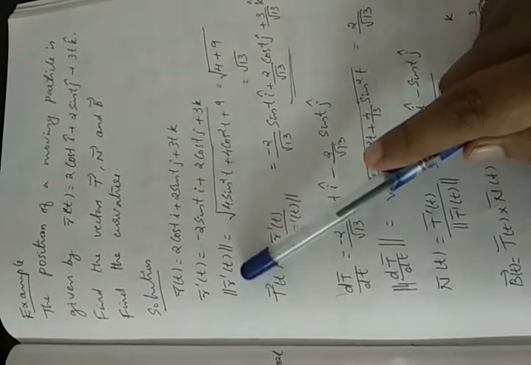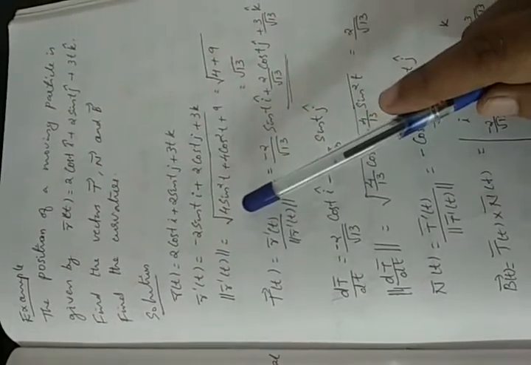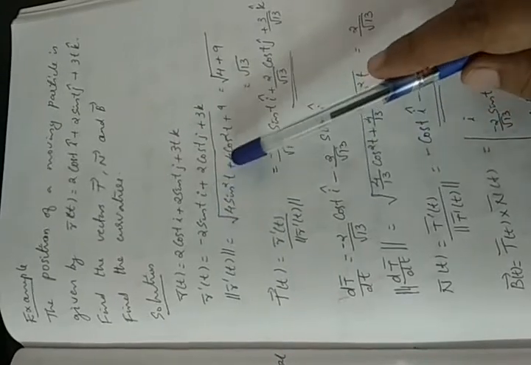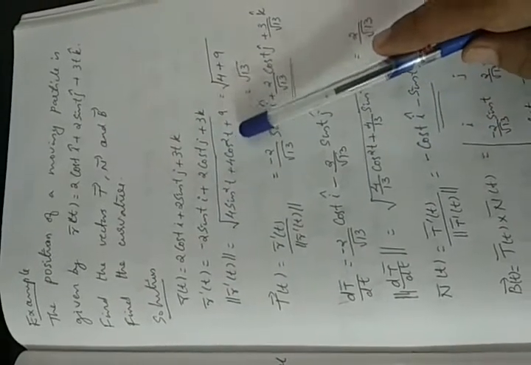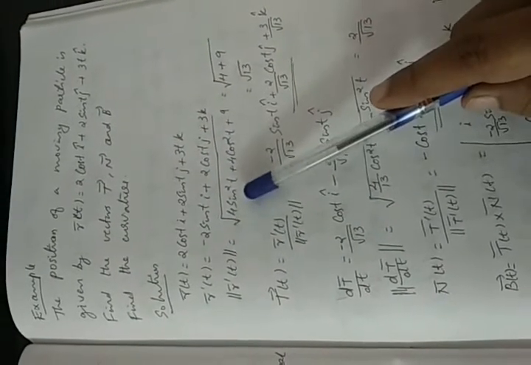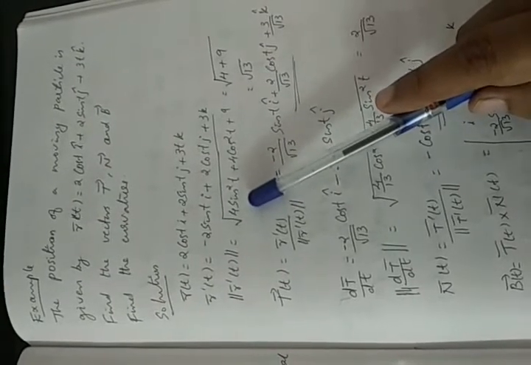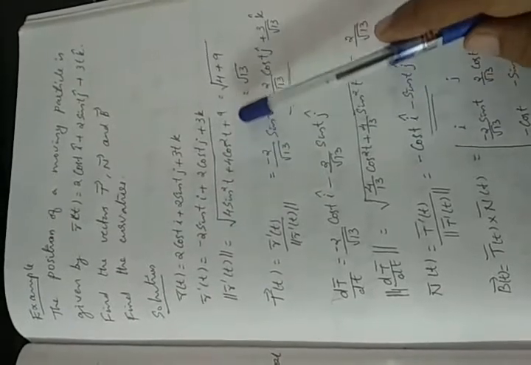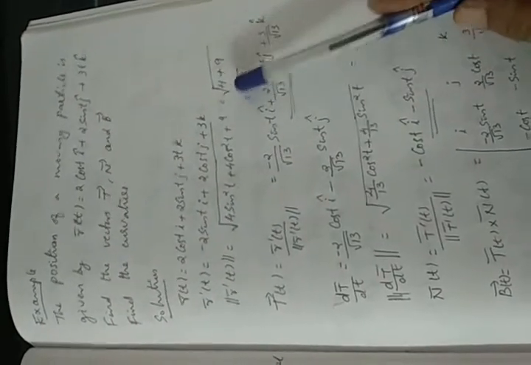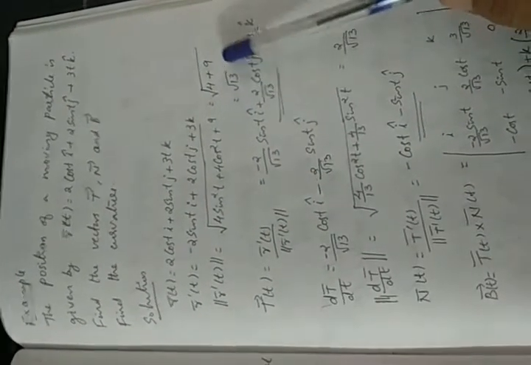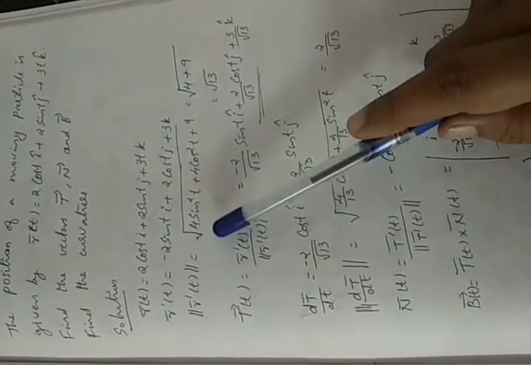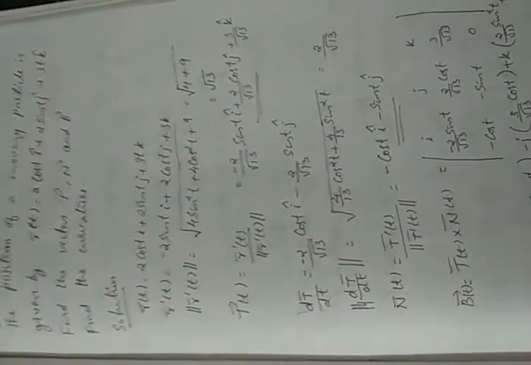So norm of r dash of t is equal to square root of 4 sin square t plus 4 cos square t plus 9. Here 4 is a common factor. So this is 4 into sin square t plus cos square t, that is 4 into 1. So we have square root of 4 plus 9, that is root of 13.